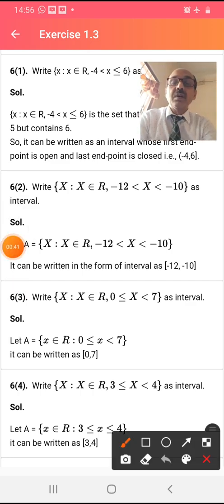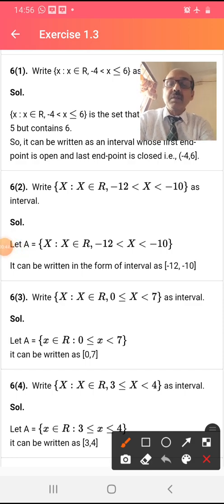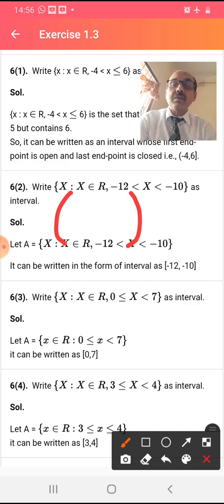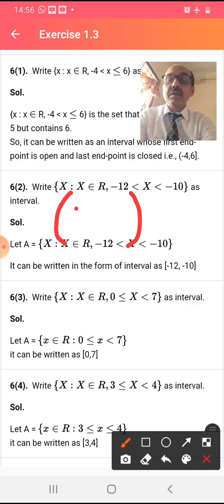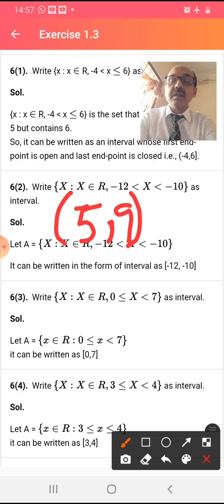So, an open interval is this type of interval. See, within this bracket, suppose the elements are 5 and 9.